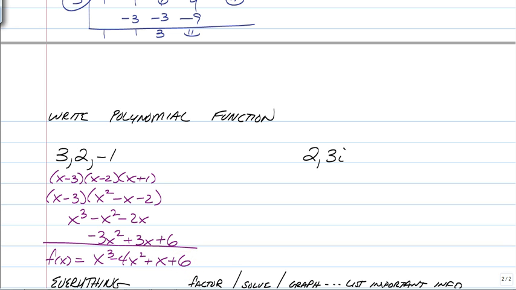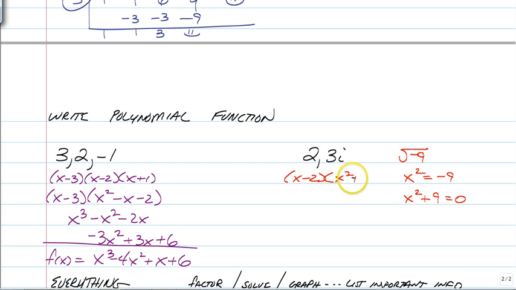In the next example, this would come from an x minus 2, but then the 3i, you have to remember, where does 3i come from? 3i comes from the square root of a -9. So which means x squared is equal to a -9, which means x squared plus 9 is what gave us our 0.